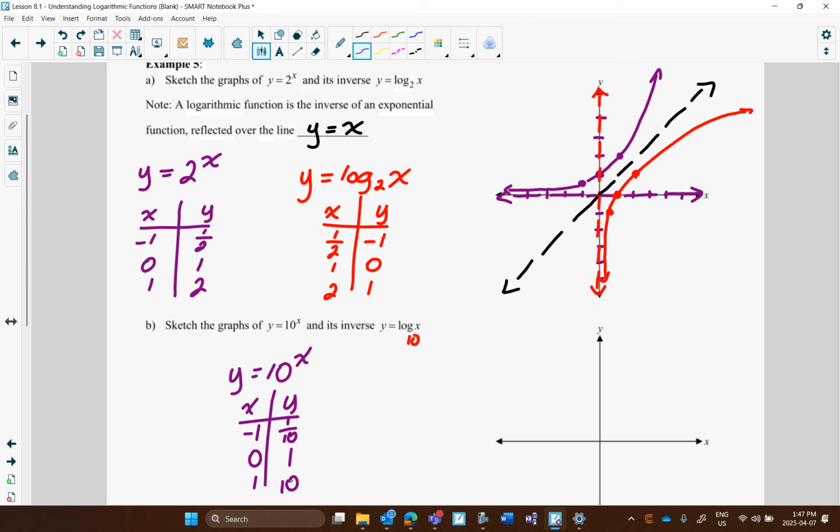And now, to get to the log function, reverse it. So just remember, we're doing the log one. This is the one we want to graph. So just reverse these.